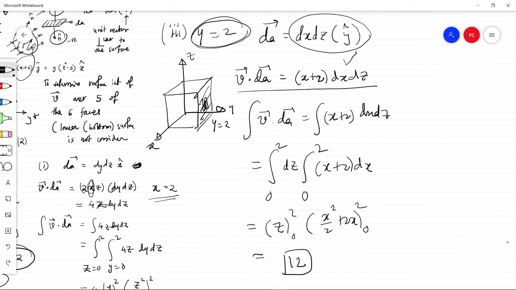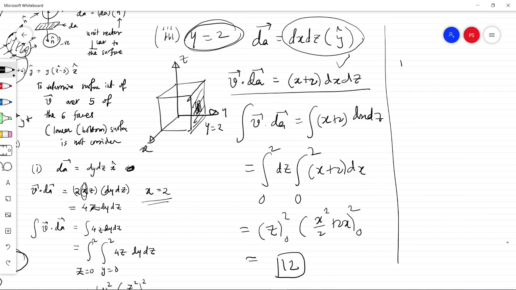Now for the fourth surface, we have y equal to 0, and dA bar is just dx dz into minus y cap, since the unit vector is pointing in the other direction.